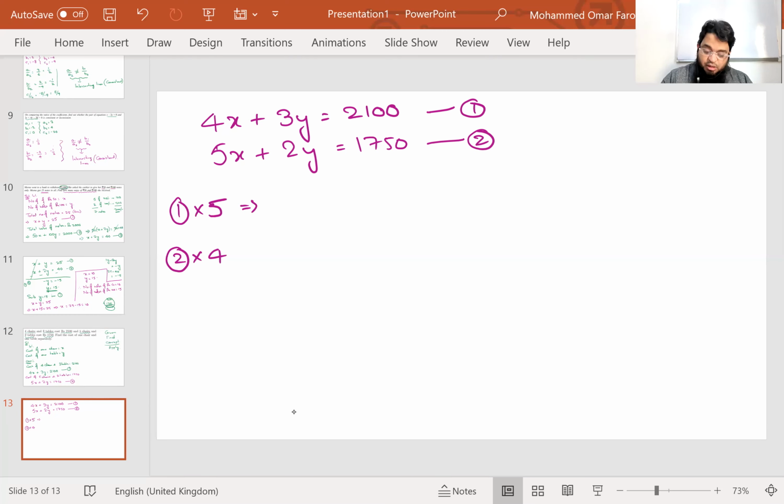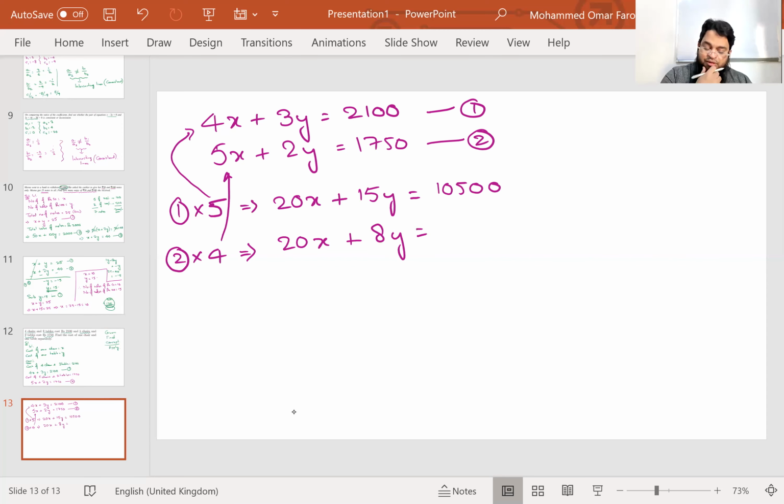When we multiply the first equation with 5, 5 fours are 20x plus 5 threes are 15y, and 5 times 2100 is 10,500. Let us multiply the second equation with 4. 5 fours are 20x plus 4 twos are 8y equals 4 times 1750, which is 7000.